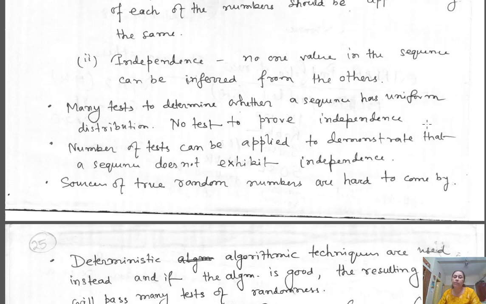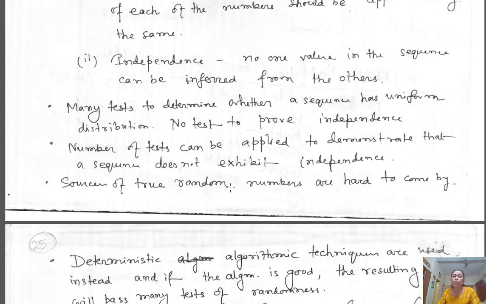If a sequence of numbers passes through some specific tests, we can say it has sufficient randomness. But it is not a truly random sequence, so it is called a pseudo-random sequence.